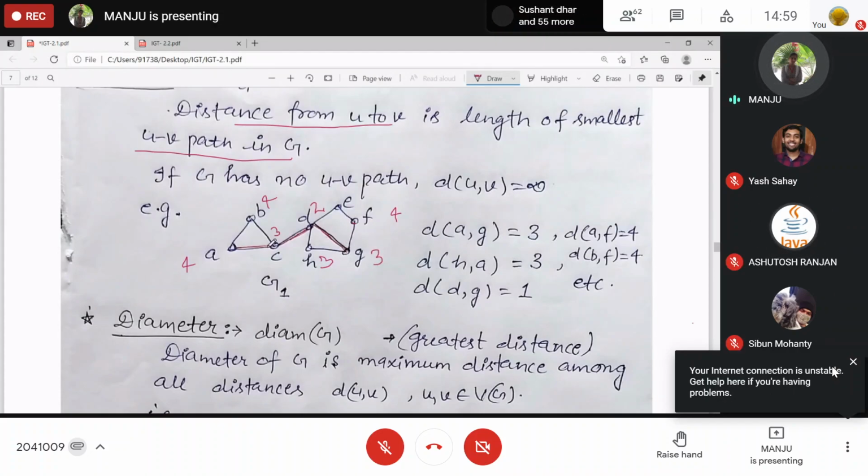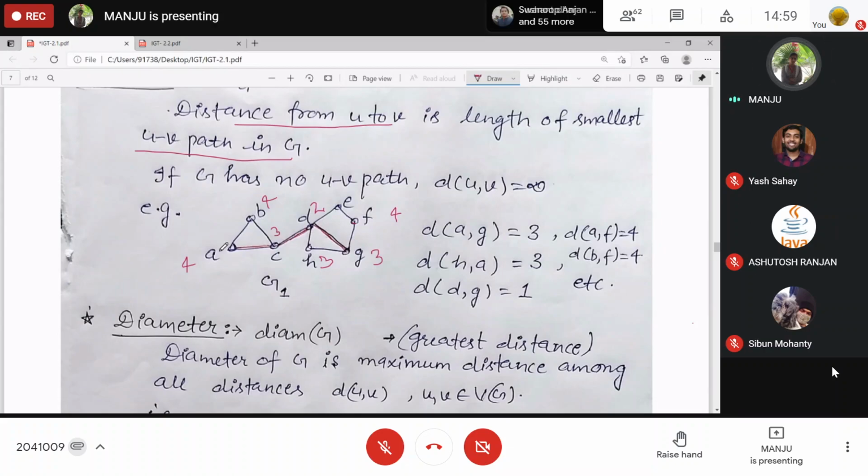You have all the vertices up to range 3, no? These are 1, 1, 2, 2, and A and B are 3. Okay? This is also 3, this is also 3.